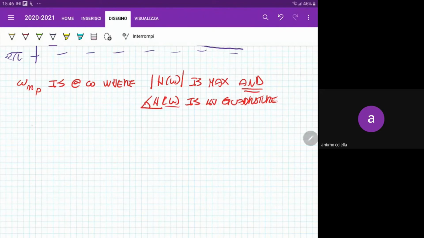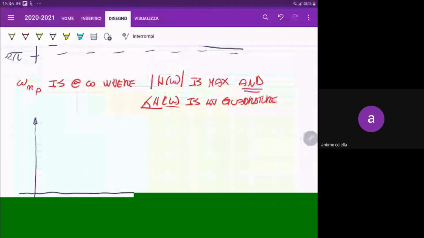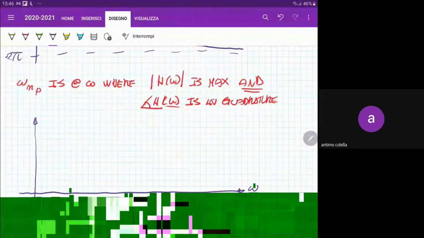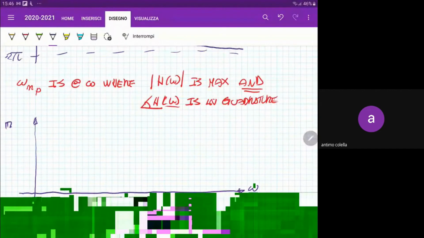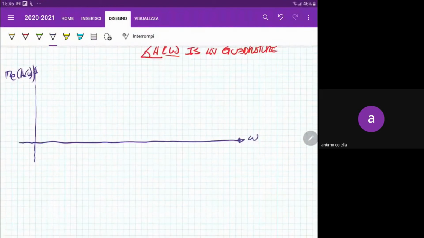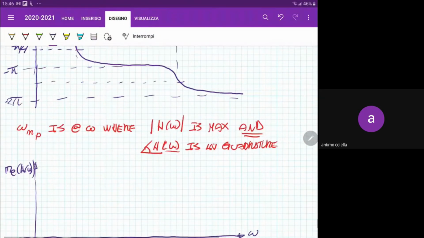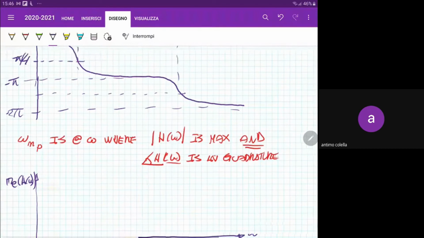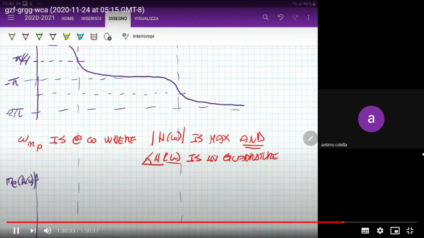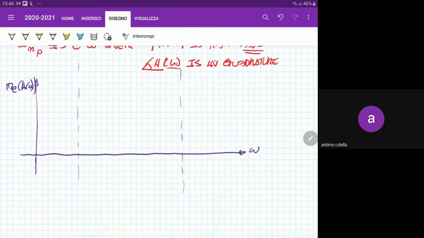So let me consider the same plot in which we are reporting as a function of omega the frequency response function, but this time the real part of H. Okay, and as we already discussed, the behavior should be this one, for example.